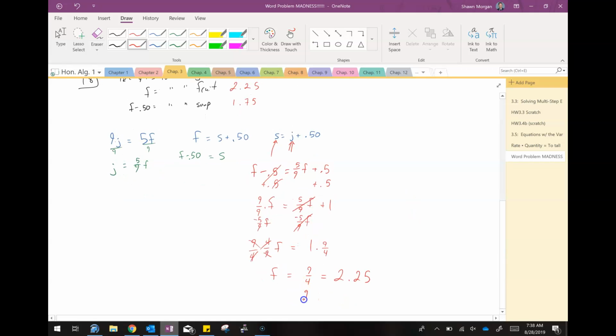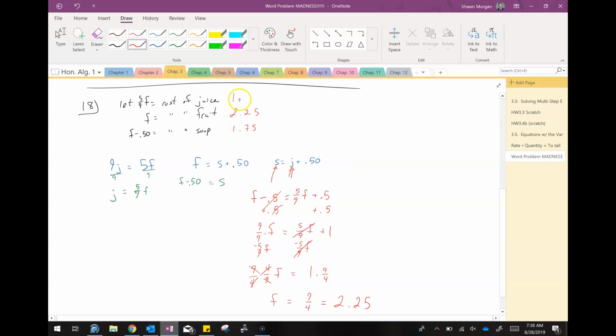So I'd come down here, and that actually in fraction form would be a little bit better. Juice would equal 5/9 of 9/4. The ninths cancel out, 5/4, which is 1 1/4, right? And now we've got our answer as far as the pricing goes.